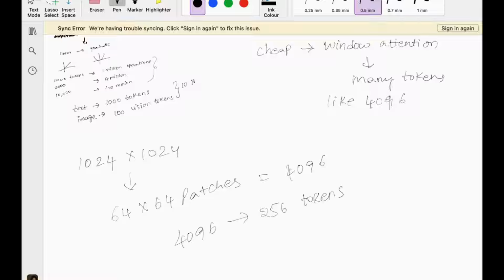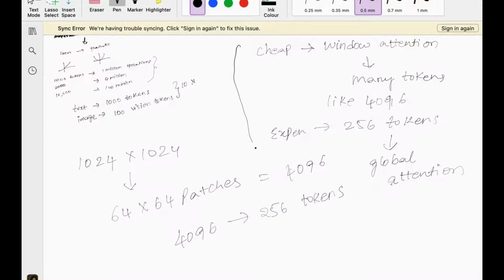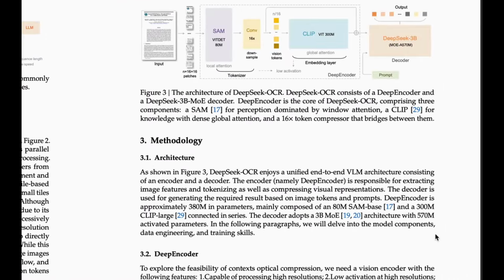And then the expensive operations will be taking on 256 tokens, which will be done in the global attention. So this is what is happening in this entire paper.